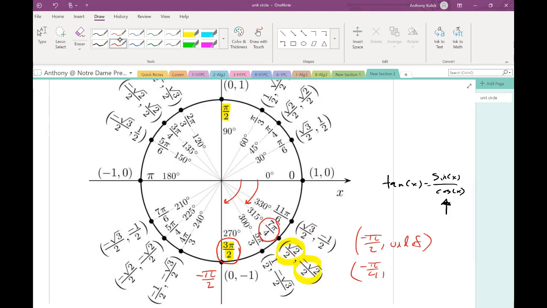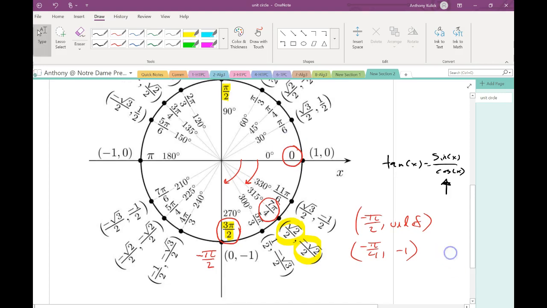What do I get when I divide those two things? Negative 1. Everybody good with that? Okay. The next place I'm going to use is here at 0. What is the tangent here at 0? It's going to be 0 divided by 1, which is 0.